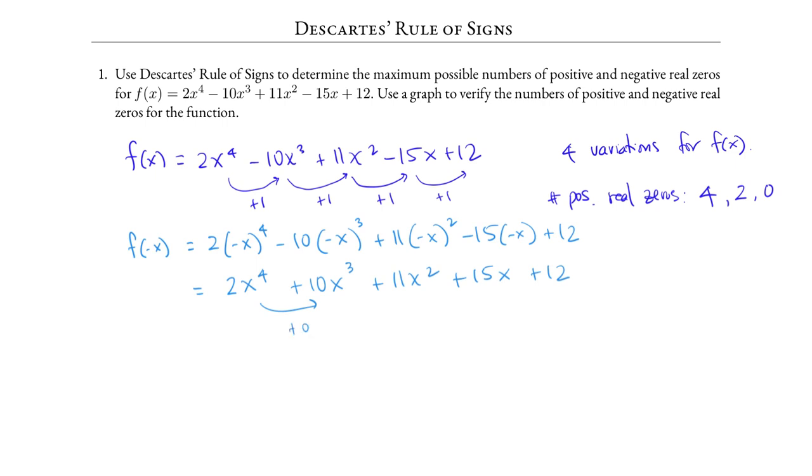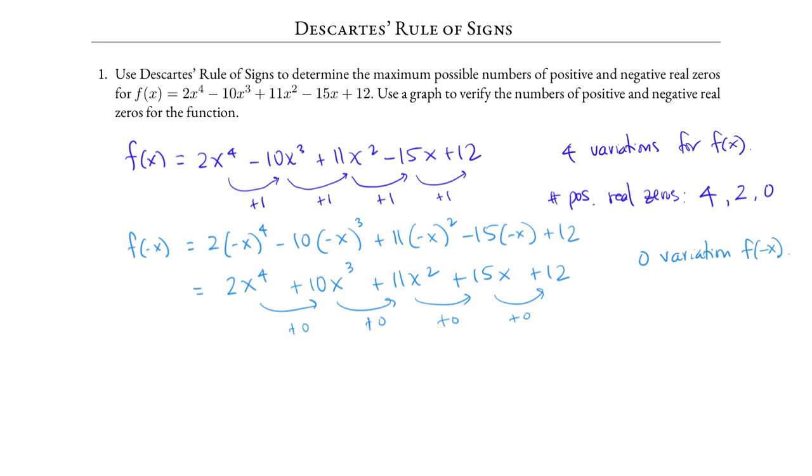There is no variation from the first term to the second term because the sign doesn't change. Zero variation for the next pair, 0 variation, 0 variation. One thing to keep in mind is that this is already arranged in decreasing order, 4, 3, 2, 1, 0. In this case, there are 0 variations for f of negative x.